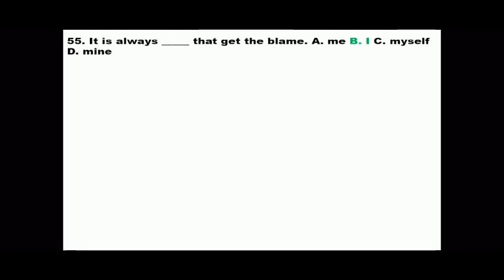The accurate thing in formal situations is it is I, not it is me. Okay, it is I, especially when you are using it as a subject. It is I that get the blame. It is not it is me that get the blame.